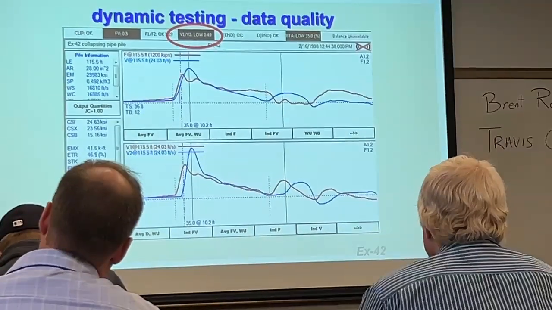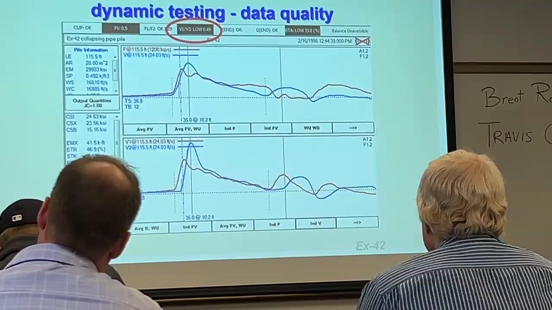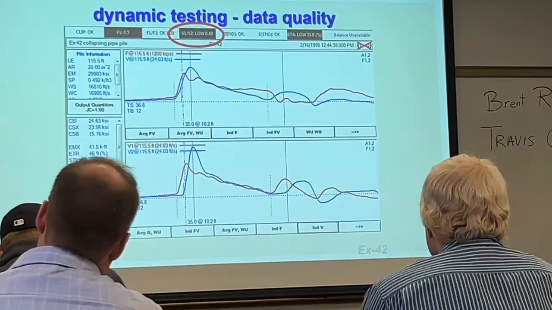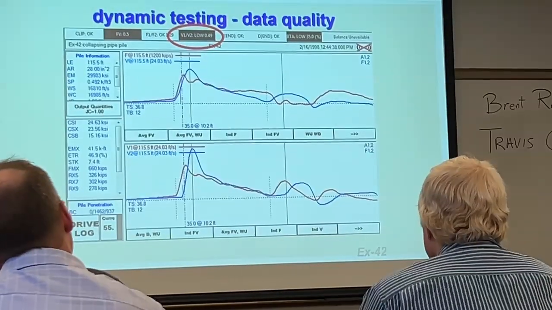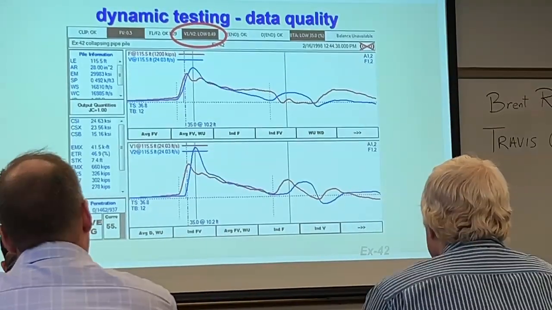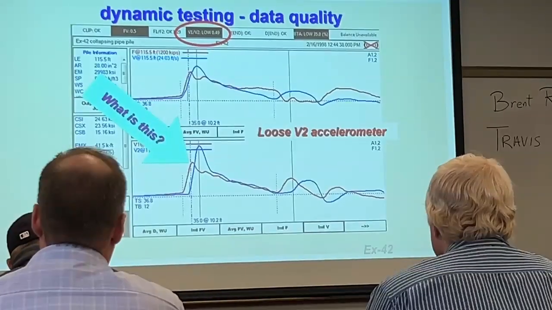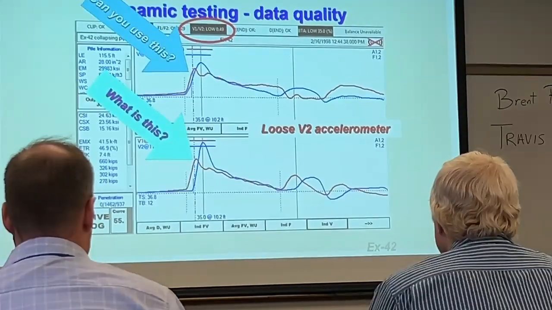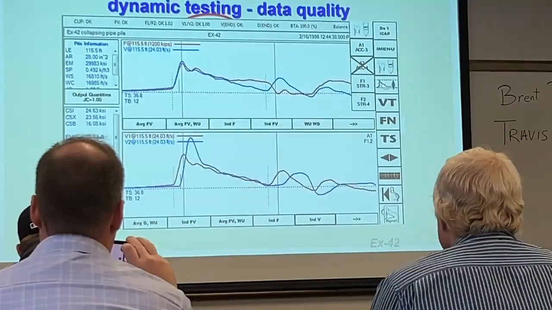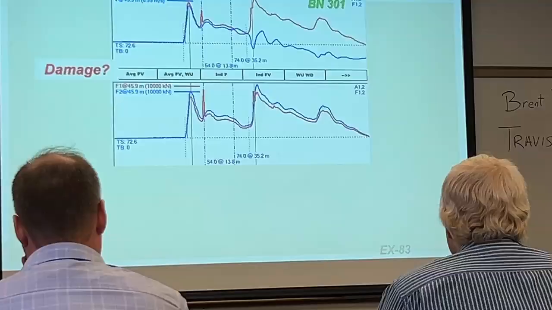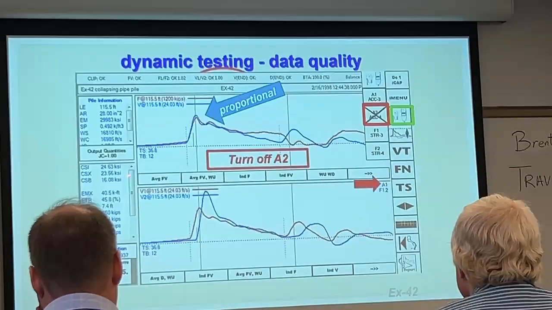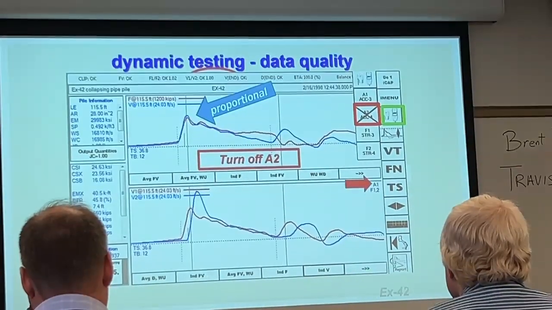Could I still salvage this data? Turn off V2, perfect. So if I turn off V2, I can use one of the strain gauges, and life gets easier. If I turn off the sensor, or have the PDA tester turn off the sensor, then my proportionality gets much better.